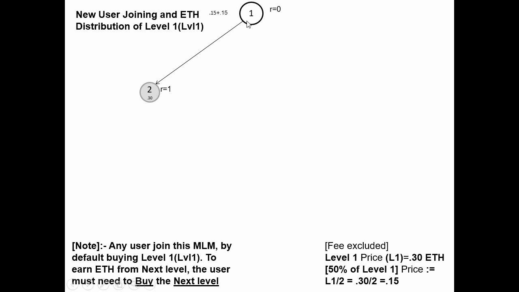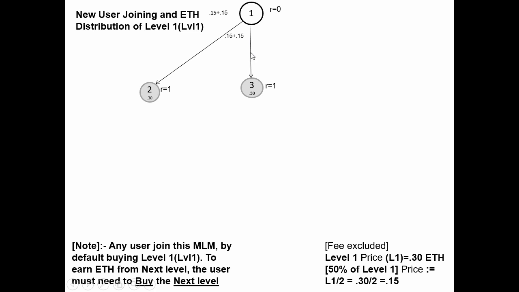Okay, so if user 1 adds another user, that user ID will be user 3, and user 3 has already paid 0.30 Ethereum. The 0.15, which is 50% of 0.3 Ethereum, will go to this user 1 as he brought this user into the game, and the other 50% will go as it is connected.